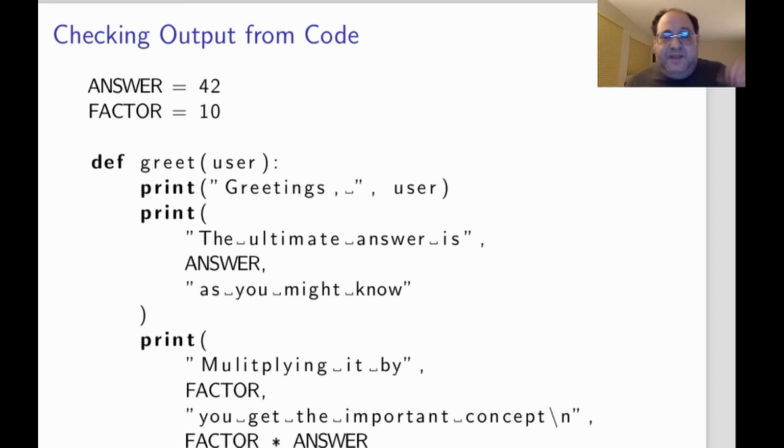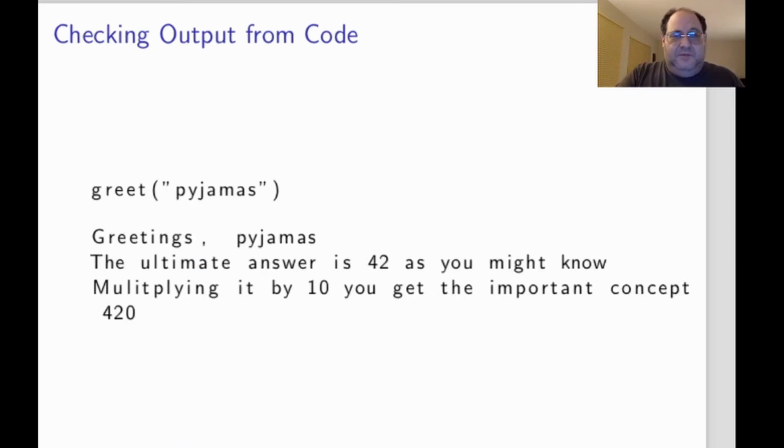And this is where a string contains in order just works great. What I know is that I want the user. After that, it has to tell it the answer, and then it has to tell it the important concept. So here's how the function would work: Greetings Pyjamas, the ultimate answer is 42, and if you multiply by 10, you get the important concept of 420.